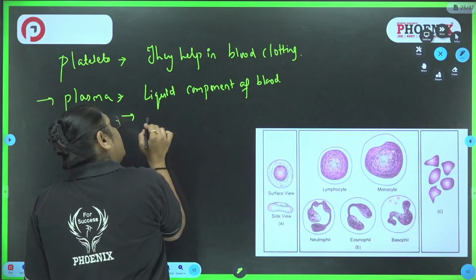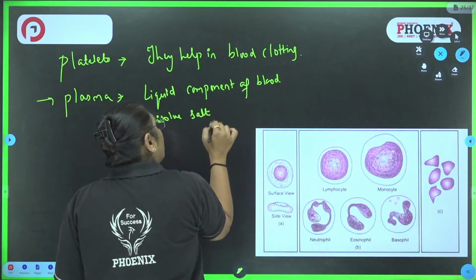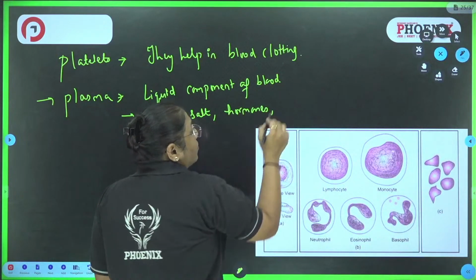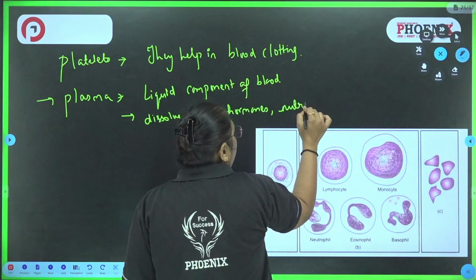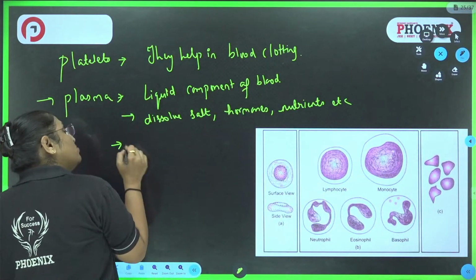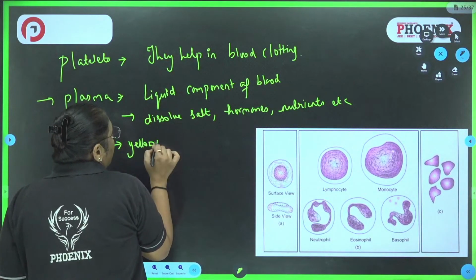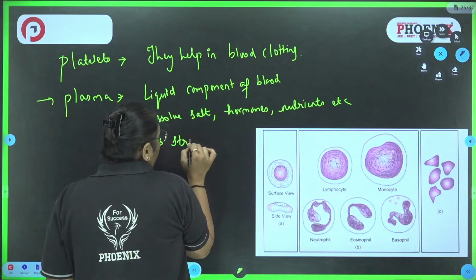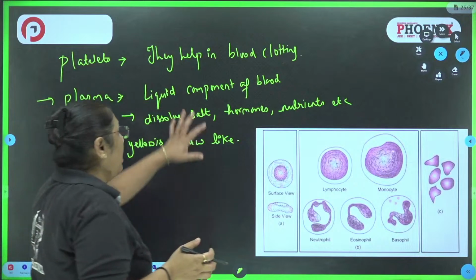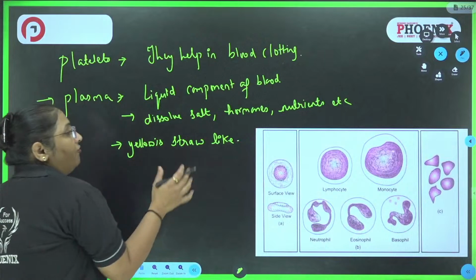It contains dissolved salts, hormones, nutrients, etc. And the color of the plasma is yellowish, straw like. All the cells are present in the plasma. Plasma is the fluid material of the blood.